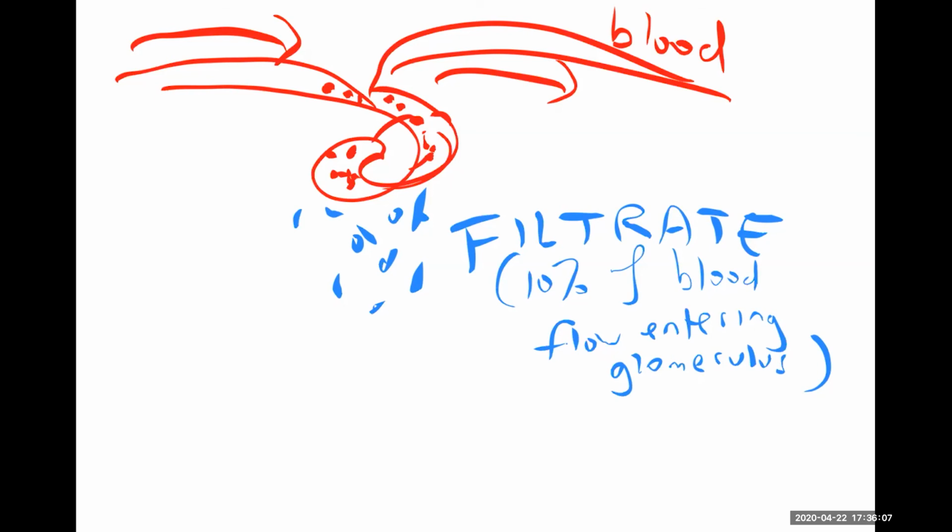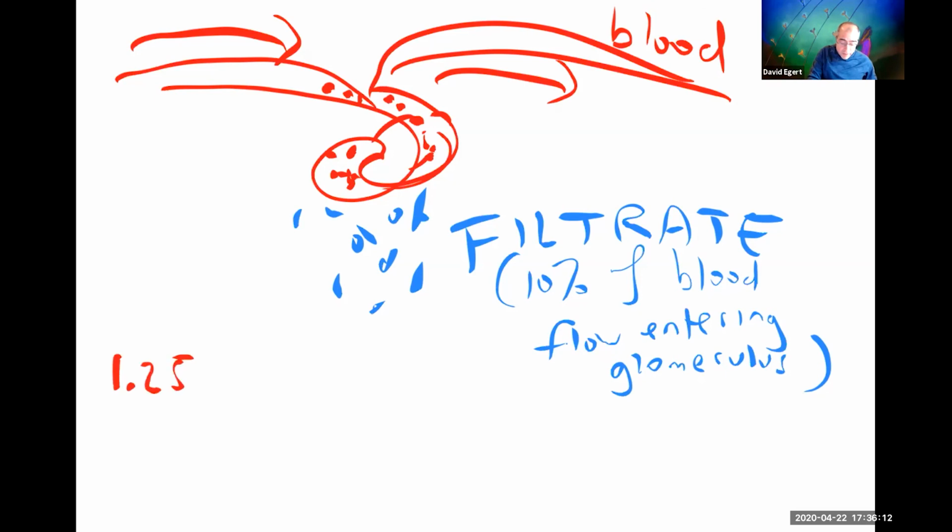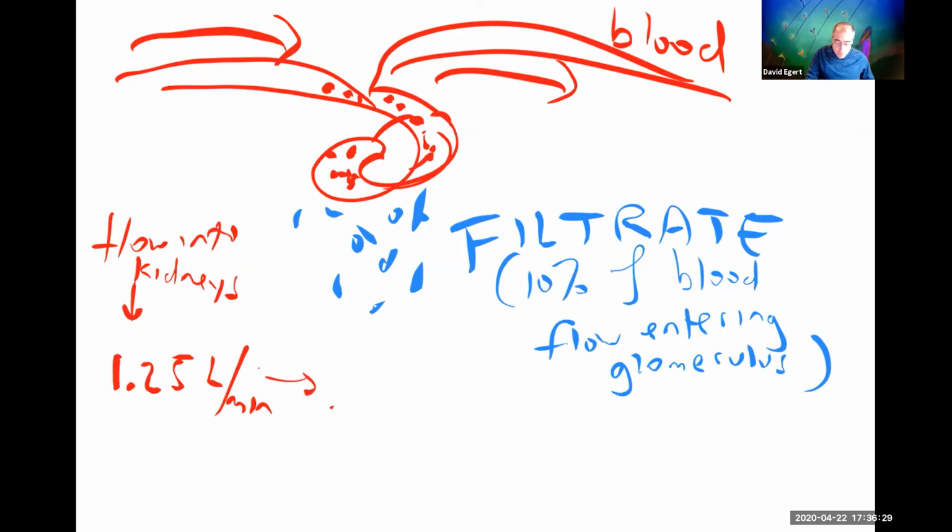We just mentioned that at the very beginning. 1 liter, yeah, 1 to 1.25 liters per minute. So let's say 1.25 liters per minute is flowing into the kidneys. 10% of that means we are going to have 0.125 liters per minute of filtrate formed.